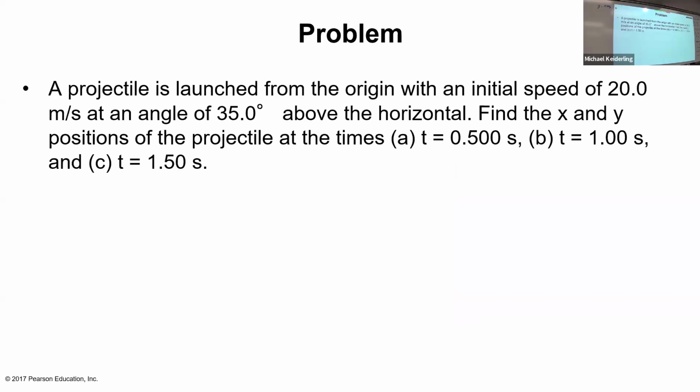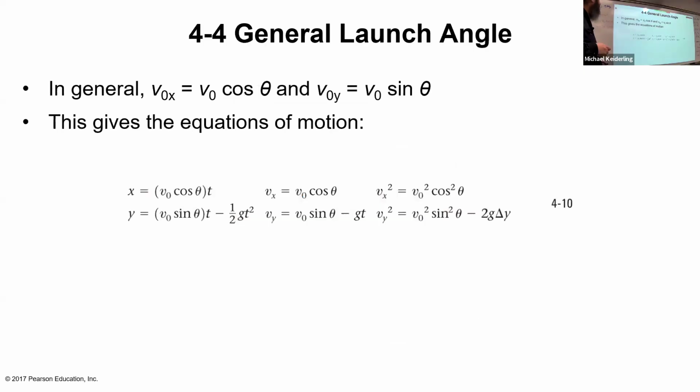So, given that, in general, v naught x equals v naught cosine theta, v naught y equals v naught sine theta. Let me see what it is.